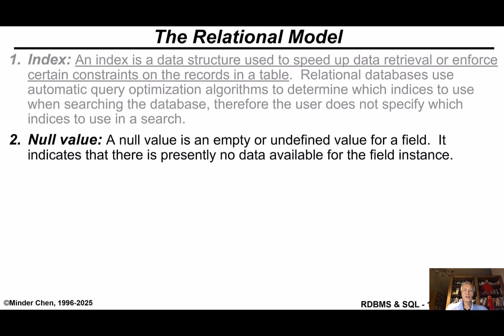If a certain column's value of a certain row is unknown, we call it a null value. When you do data retrieval or some kind of aggregation over a database table, a null value has to be handled carefully.